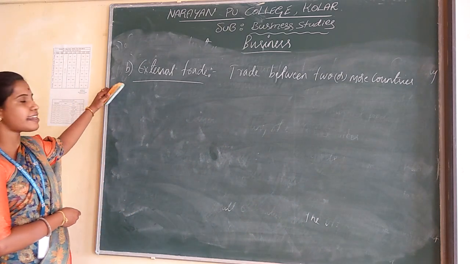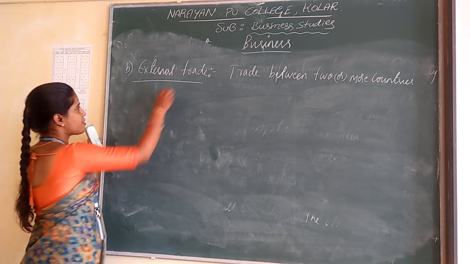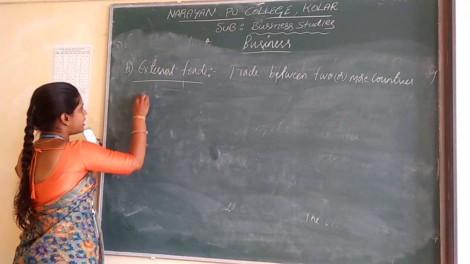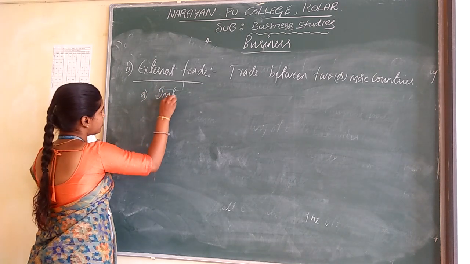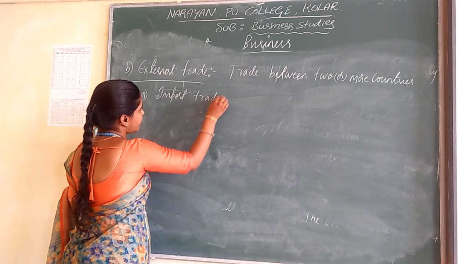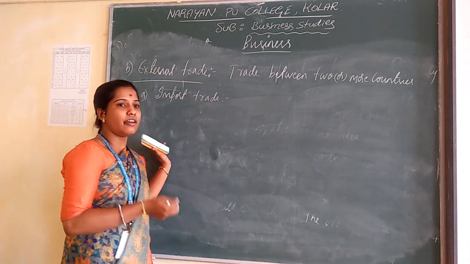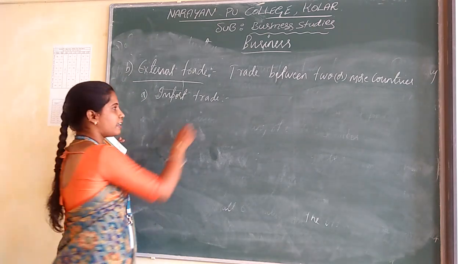And again in this external trade we are going to classify it into three types. In that the first one is import trade. So the import trade means buying goods from another country.